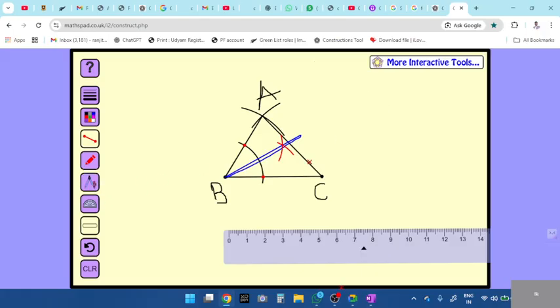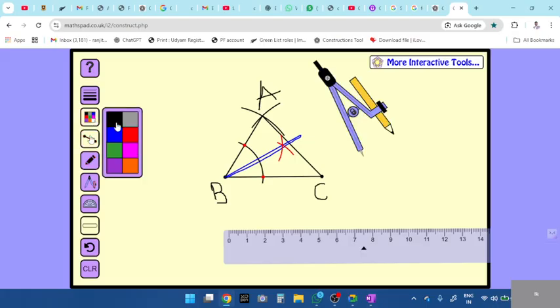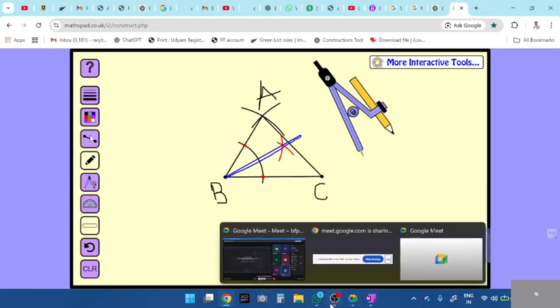This is known as angle bisector, students. So whenever angle bisector is given, it is locus concept. Locus. And don't write it.